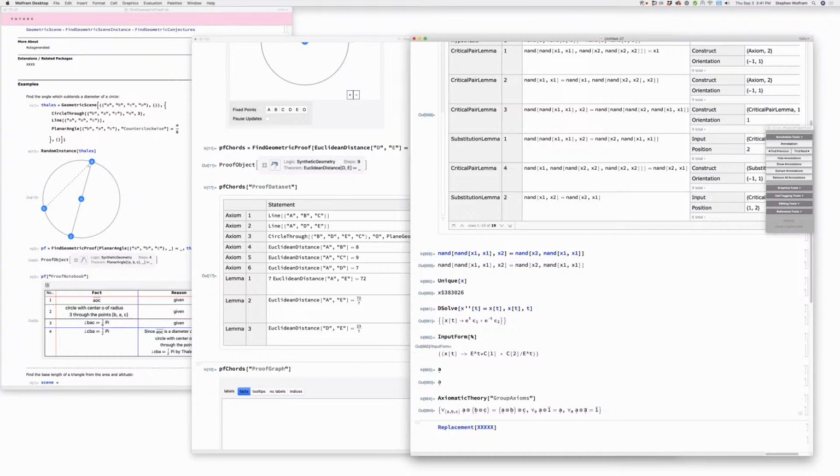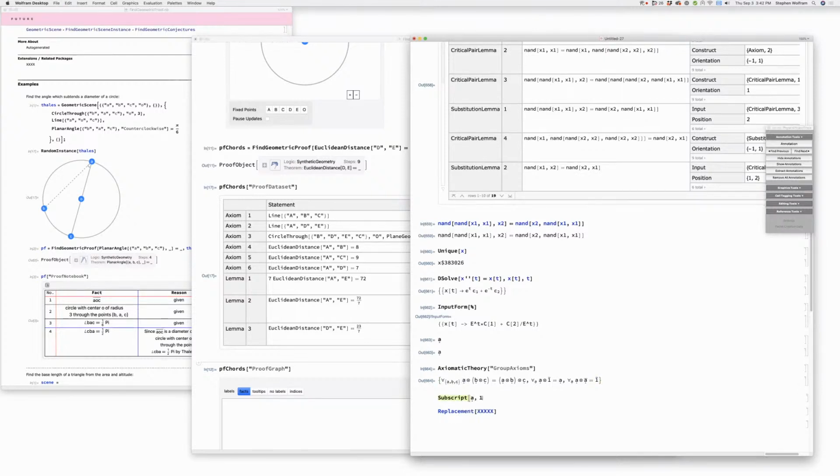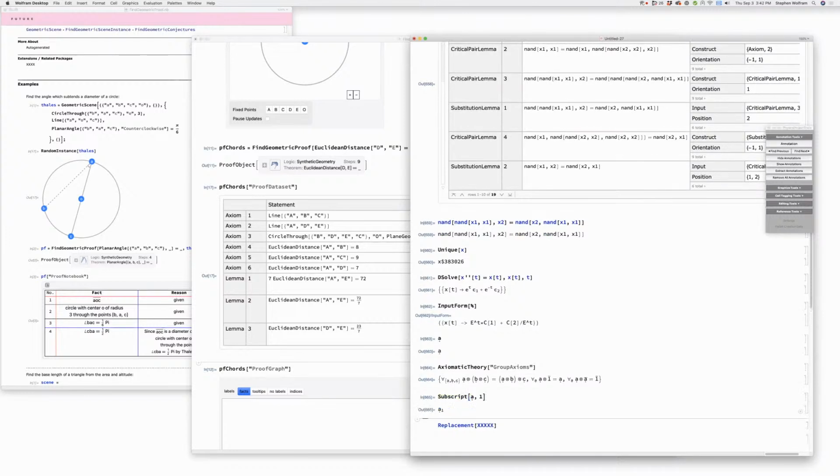Unless we made all of the axiomatic theory stuff just ignore subscript. In other words, unless we made it so that this construct would always be treated as a symbol, which I don't think would be crazy. I think that's dangerous because you can make assignments to subscript.